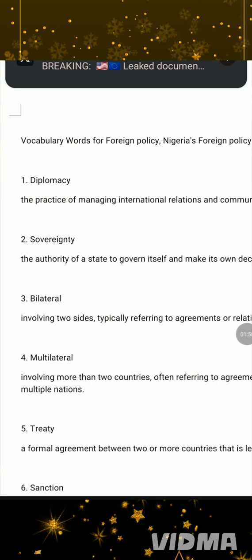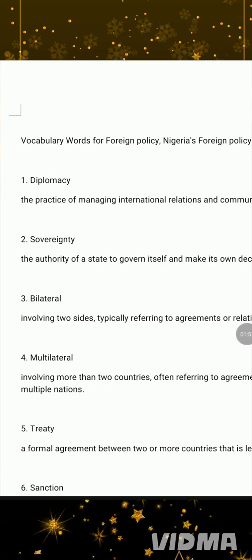It means that be it political, be it economic, socio-cultural, sports, name it, all of these encompass what we define as the foreign policy of a state.